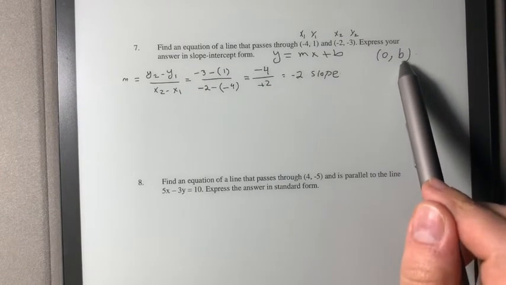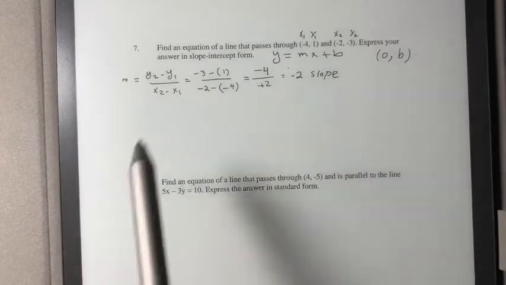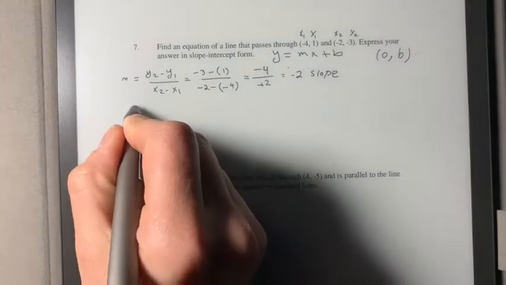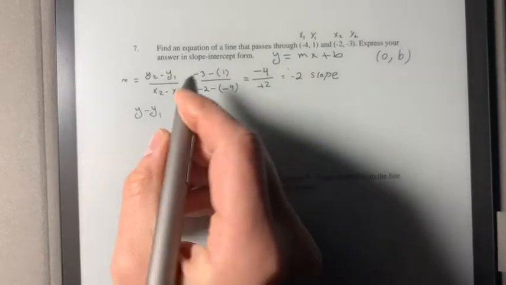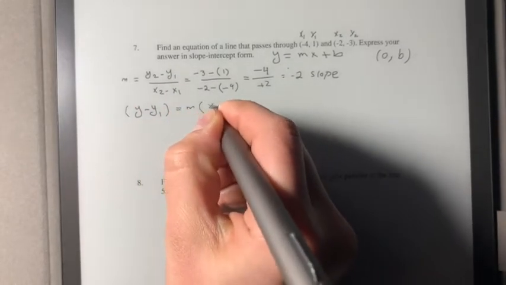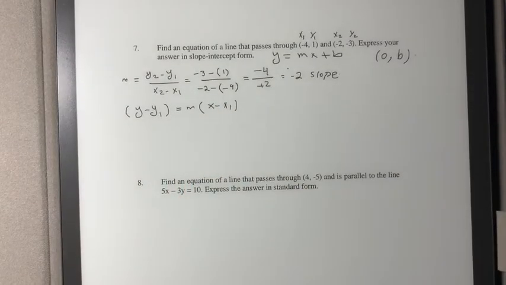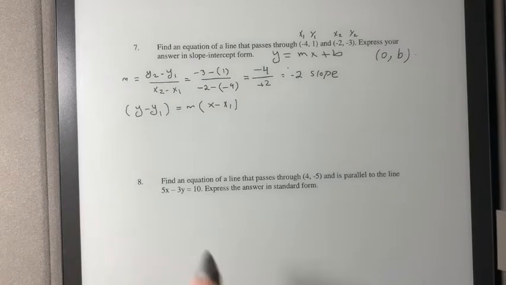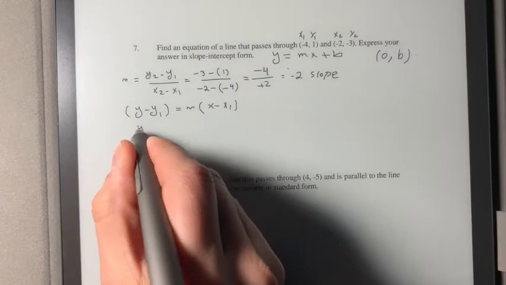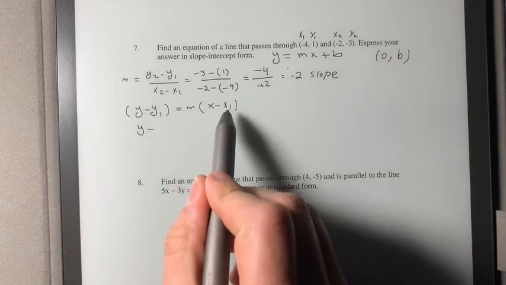So what should I do? I couldn't use this formula, but we still have another formula. What was that? y minus y1 equal to m multiplied by x minus x1. If you remember, we call this the point-slope formula. In the point-slope formula, we replace y1, x1, and m.